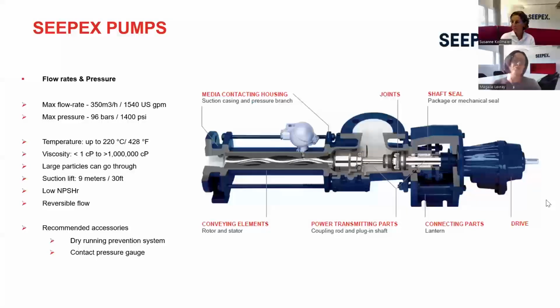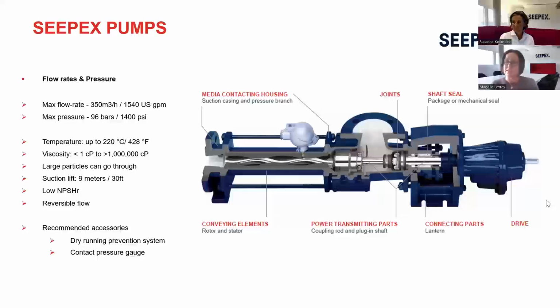Temperature is up to 220 degrees Celsius, that's 428 Fahrenheit. Viscosity, we can reach up to 1 million centipoise. Large particles can go through. We have good suction lift up to 9 meters, that's about 30 feet. We have low NPSH required, reversible flow. In case of clogging, for example, we can reverse the flow.